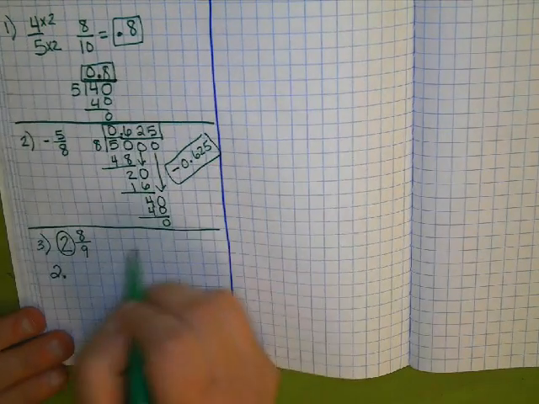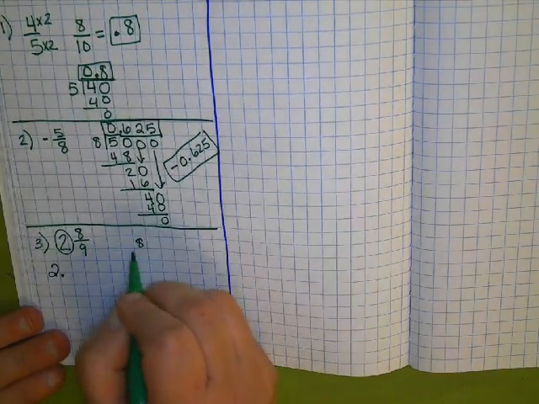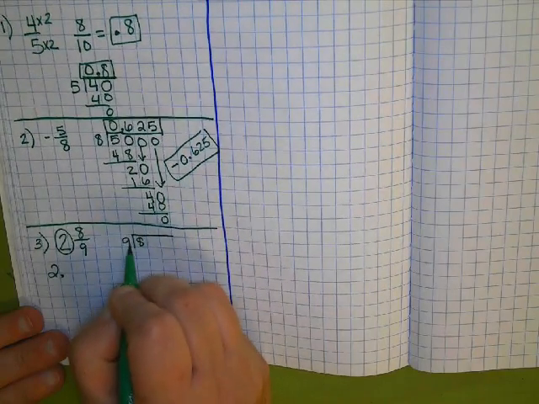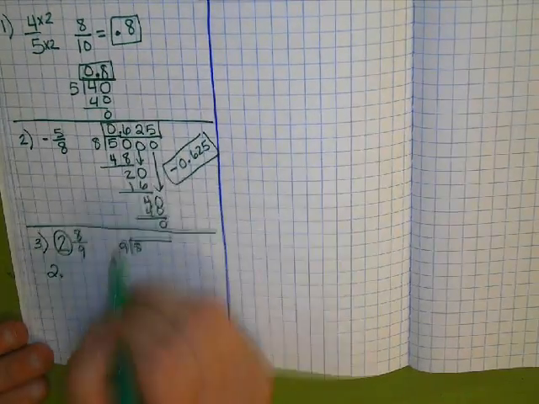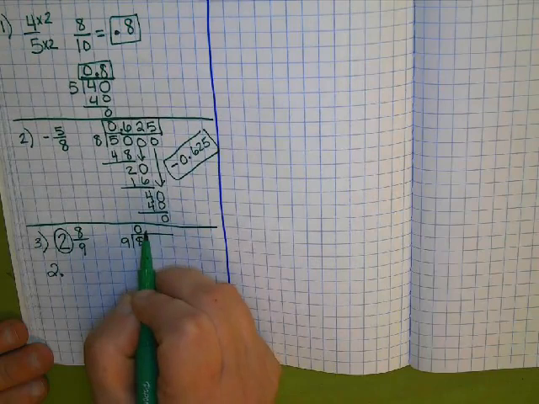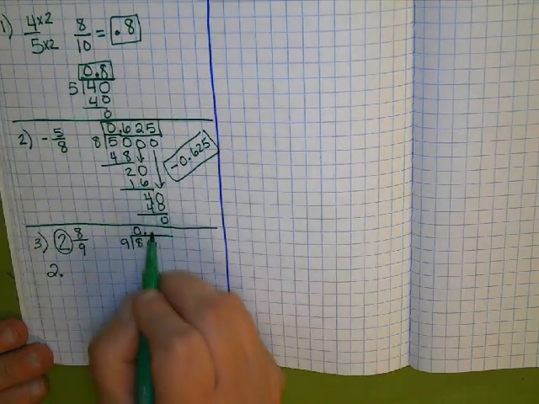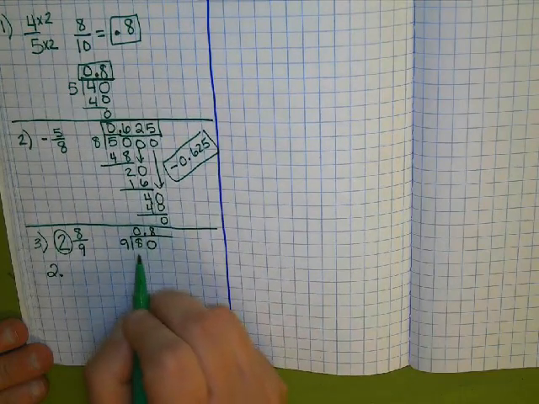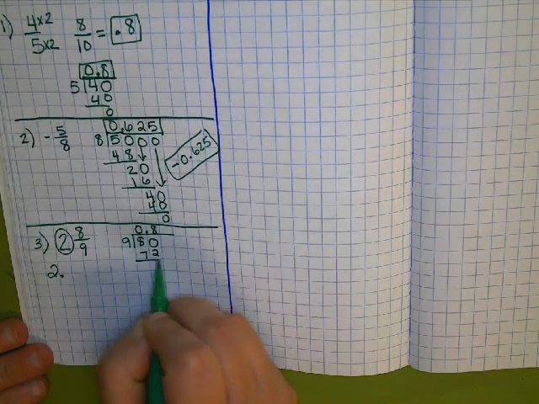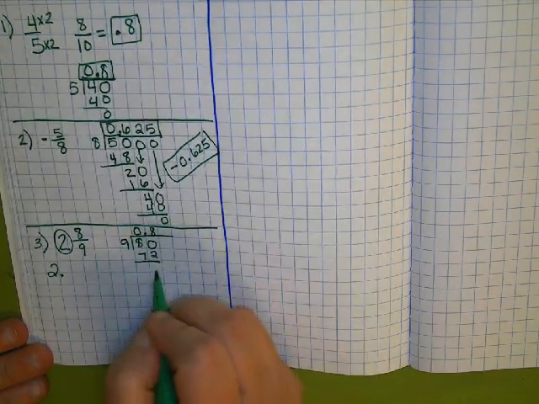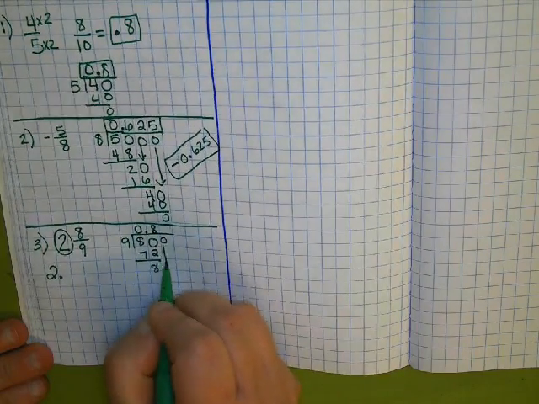So we need to come over here and take the numerator and divide it by the denominator. Now 9 goes into 8 0 times. Add a decimal, add a 0. 9 can go into 80 8 times. 8 times 9 is 72, with 8 left over.